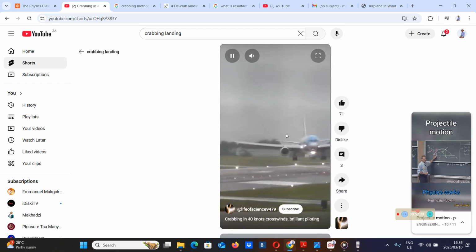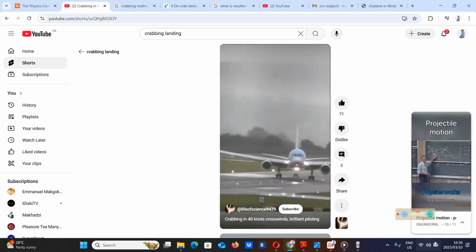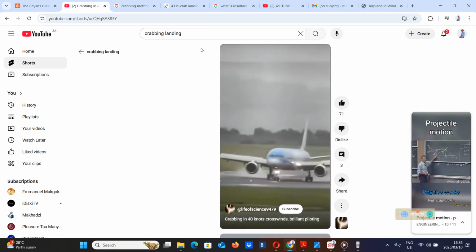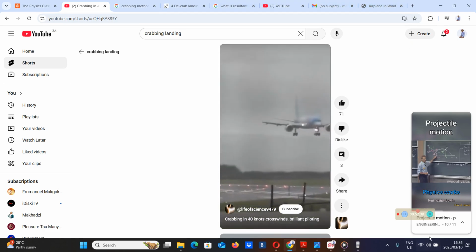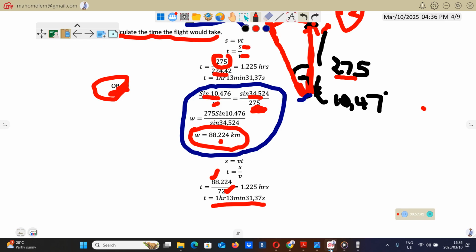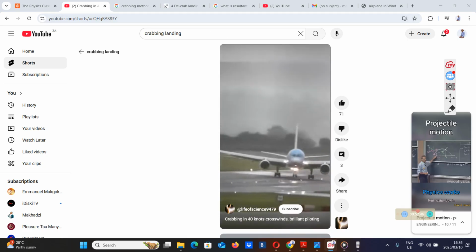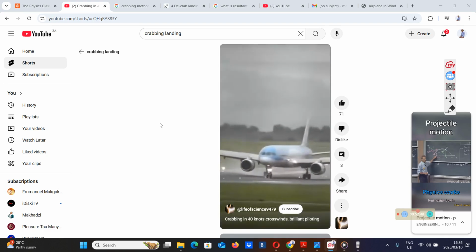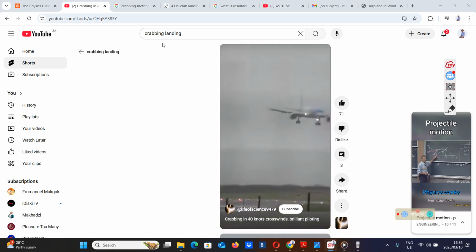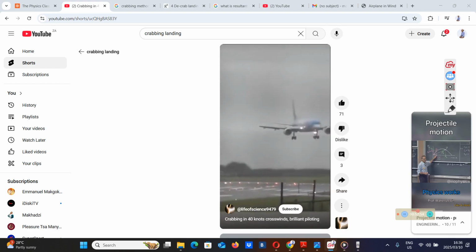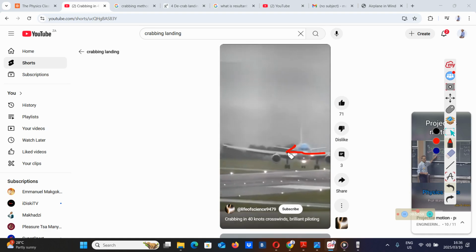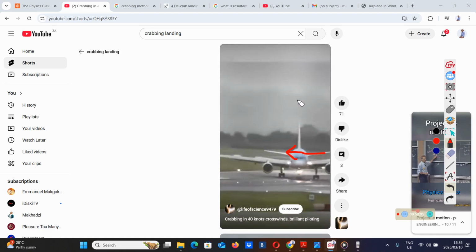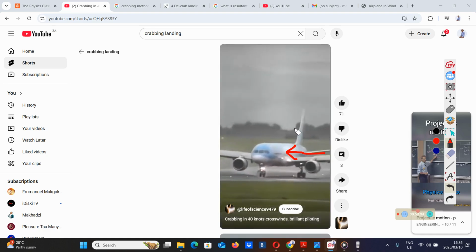Even though this one is not clear, what's happening here is that there is a wind blowing like this, and then this thing is trying to land.